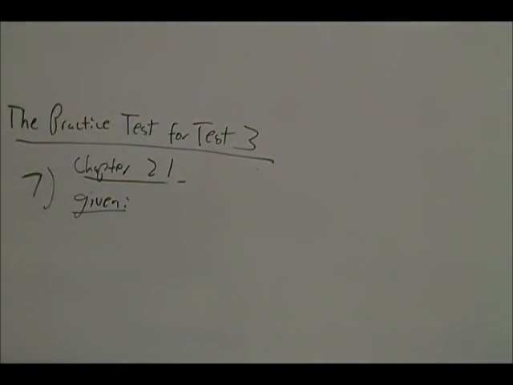So what I need in problem 7 is to read it and extract the sample size, the sample mean, the sample standard deviation, and the given confidence level. Then I can use those values in the next 3 steps to get the margin of error and the confidence interval estimate for the unknown population mean. So let's read problem 7.